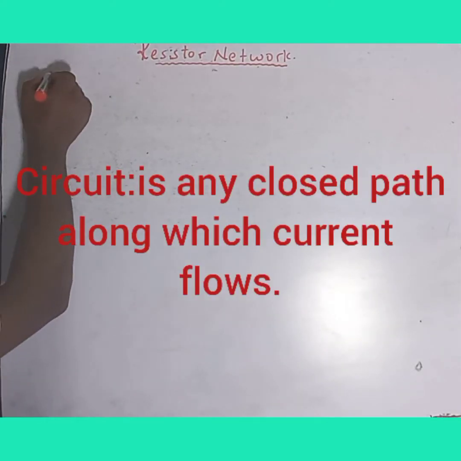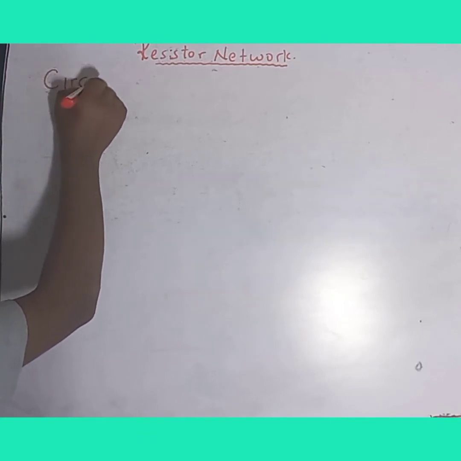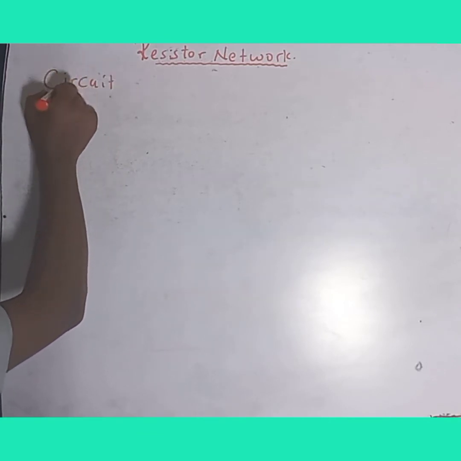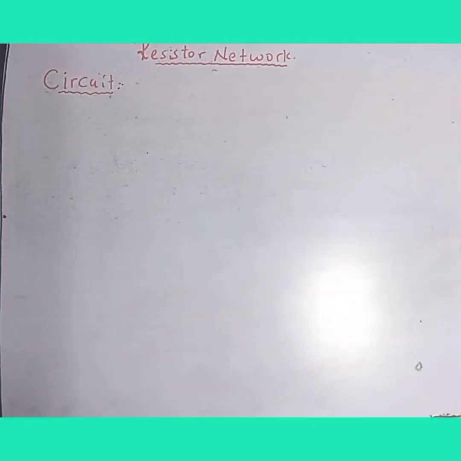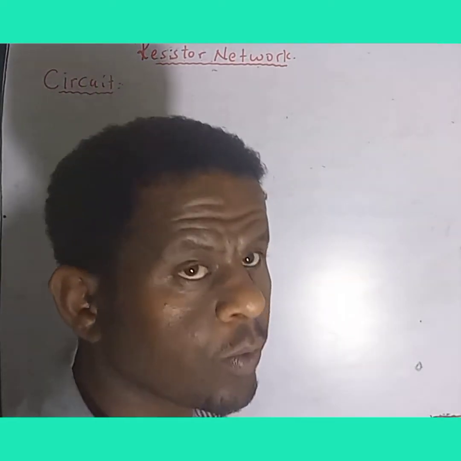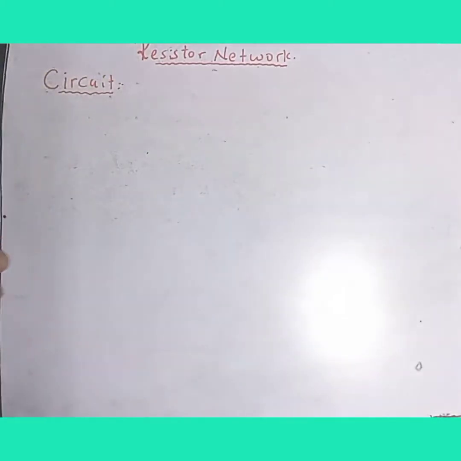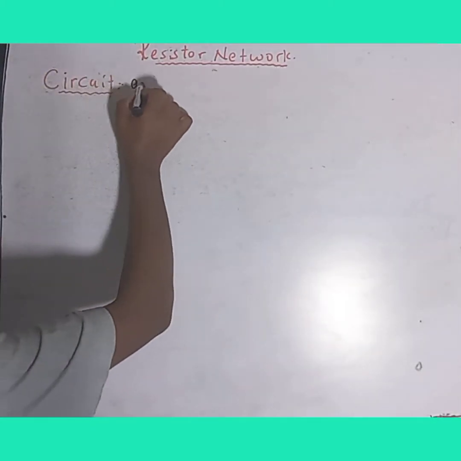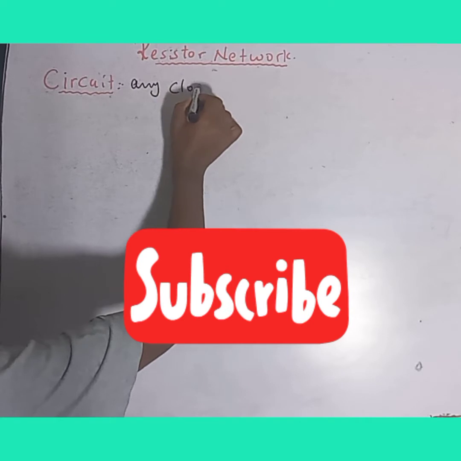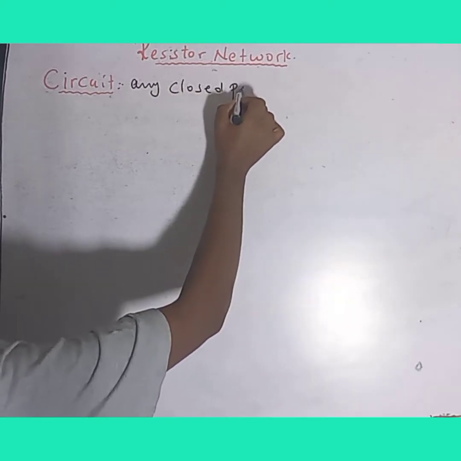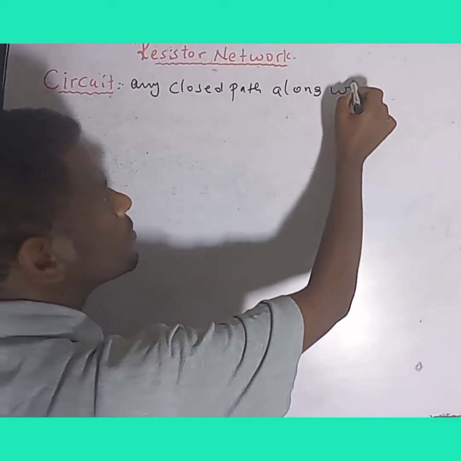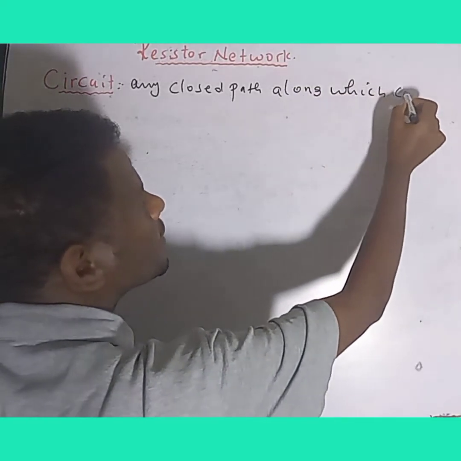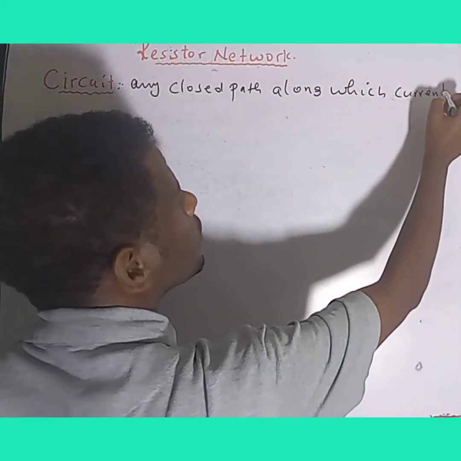First, let's define what a circuit is. A circuit is any closed path along which current flows.